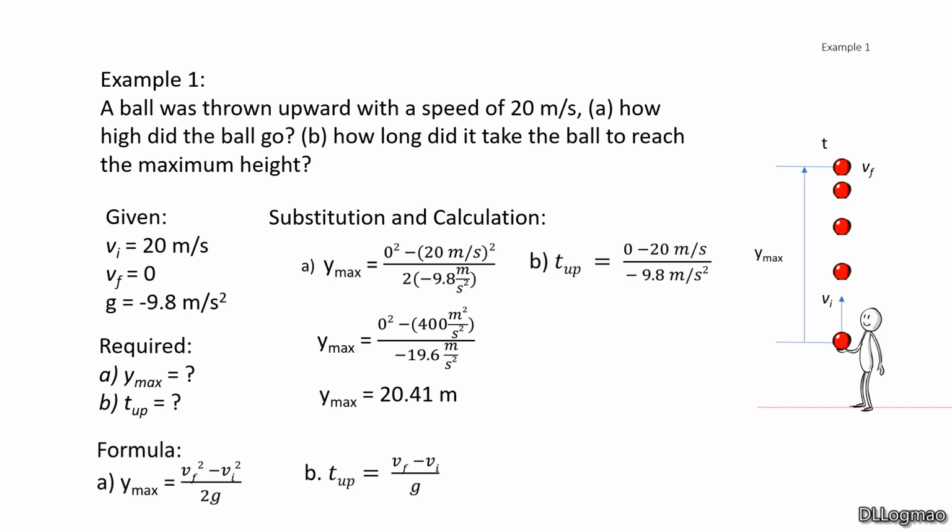For letter B, time sub up. Substitute the velocities and the acceleration due to gravity. Divide. And the result is time sub up is equal to 2.04 seconds.